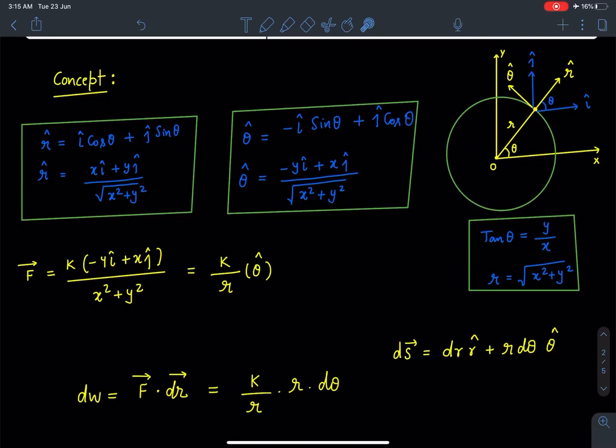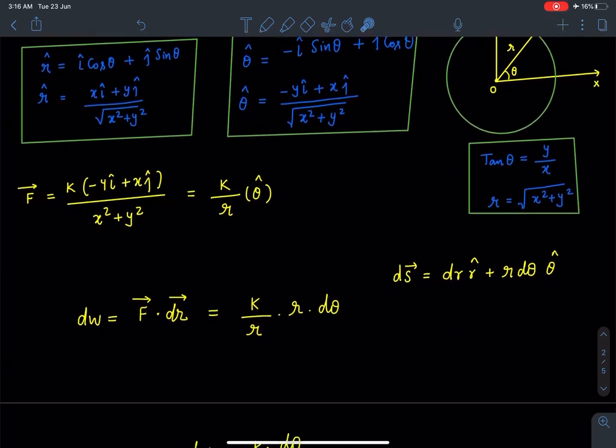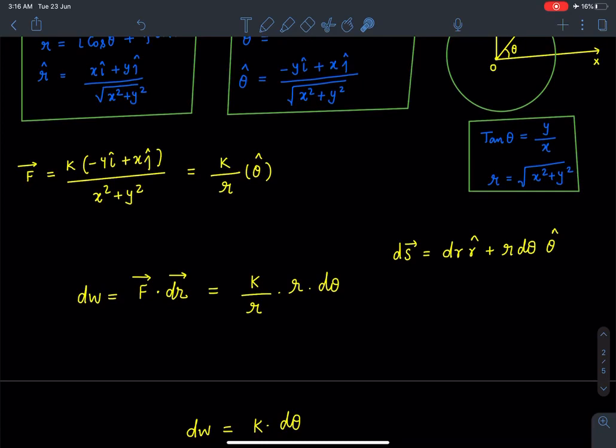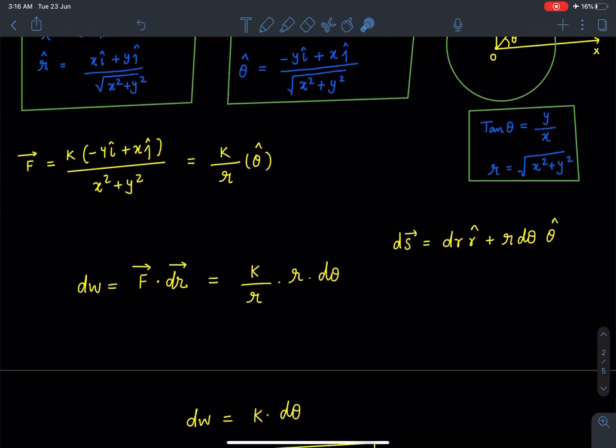Here we have tan theta equal to y by x and r equal to root of x square plus y square. When we apply these relations in the expression of vector F, it reduces and becomes k by r times theta cap.